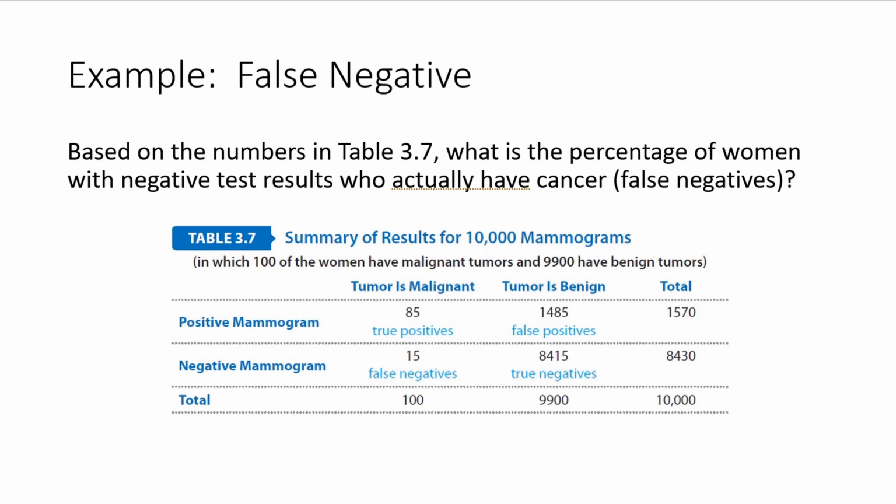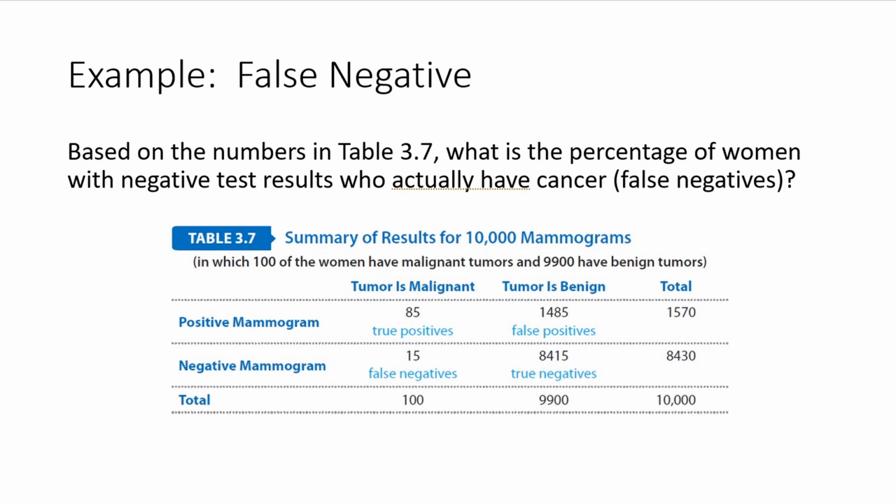Table 3.7, titled Summary of Results for 10,000 mammograms, in which 100 of the women have malignant tumors and 9,900 have benign tumors. The table has 4 rows and 4 columns. The first row has the titles Tumor is Malignant, Tumor is Benign, and finally Total. The first column begins at the second row, and it is titled Positive Mammogram.